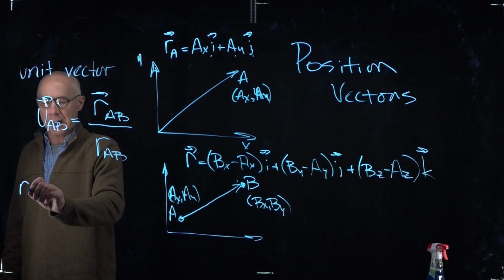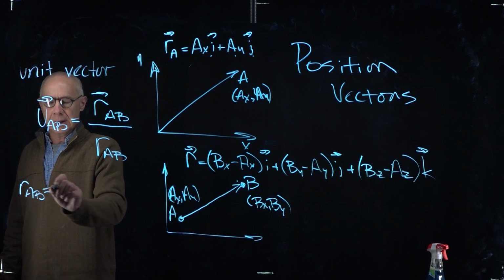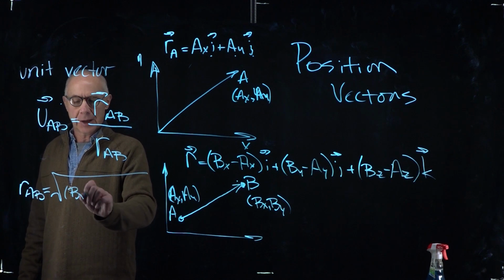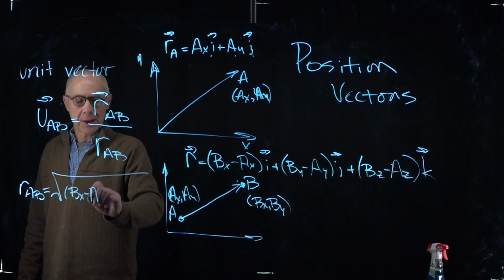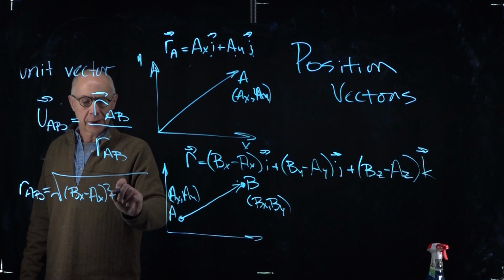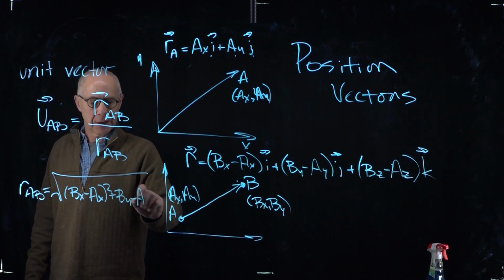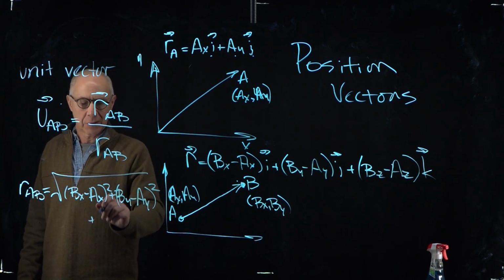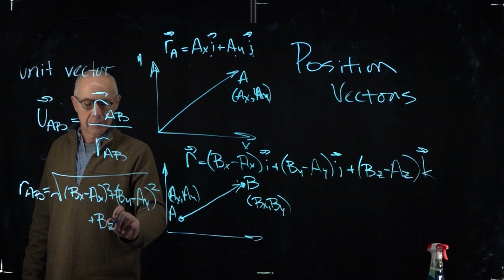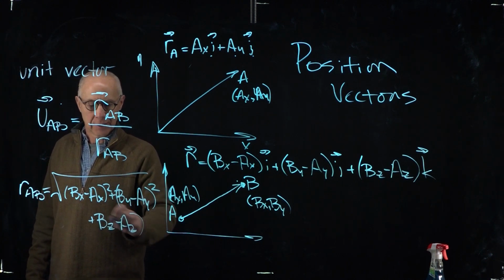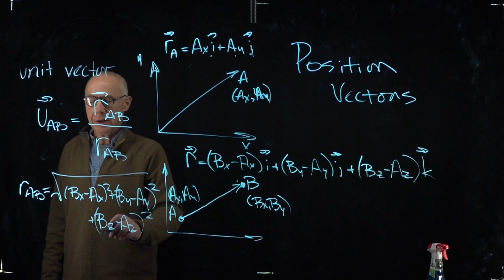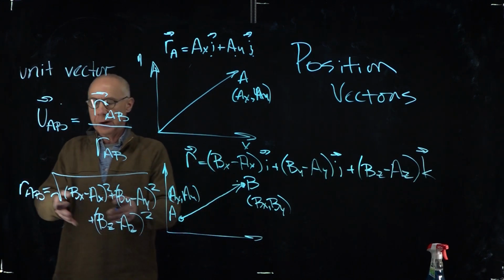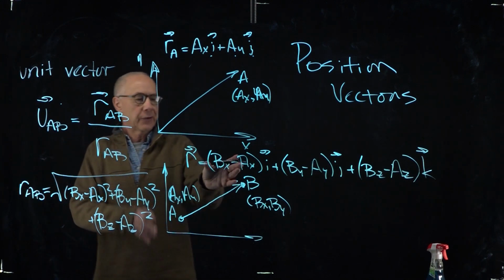We just write that r_AB equals the square root, and I'm going to run out of room here, of bx minus ax squared plus by minus ay squared, all within the square root, plus bz minus az squared. Then in order to carry out this division, you're going to take this r_AB term and divide each one of these terms.